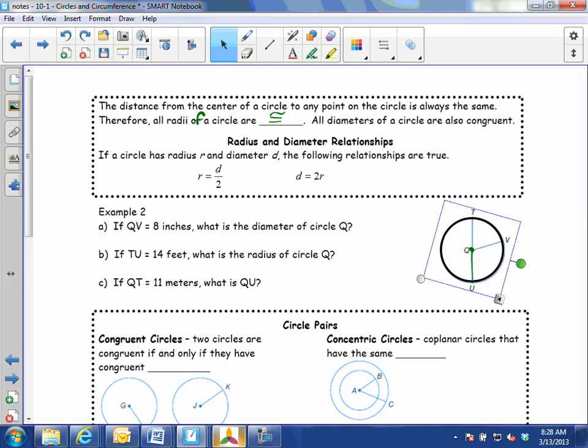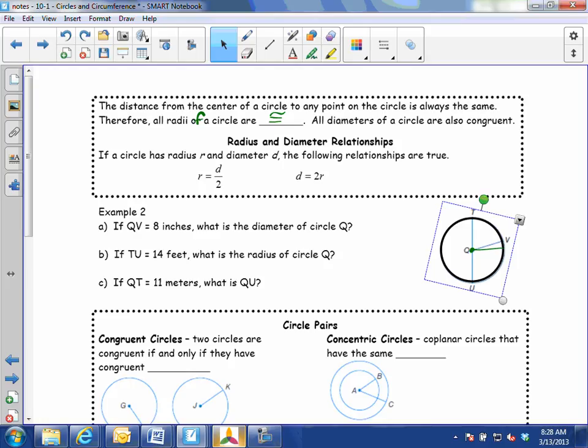So the radius doesn't change its distance. If it did, it wouldn't be a circle. It would be like an ellipse or an oblong. So all the radii are going to stay the same. Same with the diameter. It's going to be the same distance no matter where I put it.